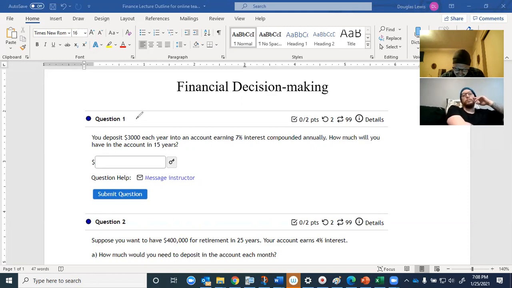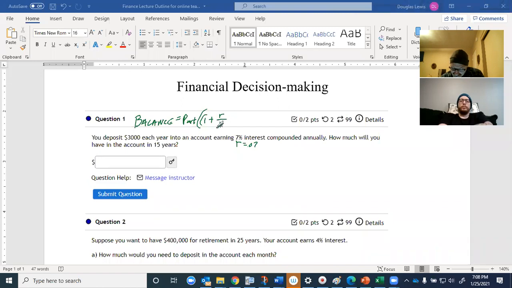Your balance in the account can be calculated by taking your payments and you multiply by, double parentheses there, 1 plus the interest rate, which in this case is 7% or 0.07, divided by K. Some books use N, some use K. That's the number of compoundings each year.